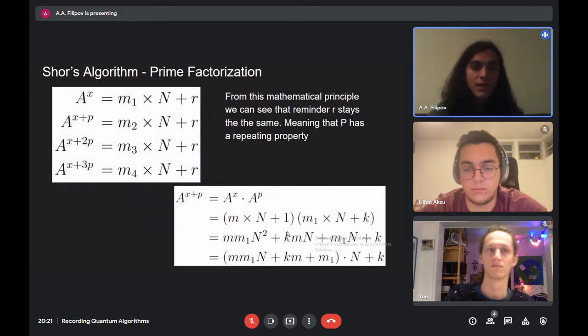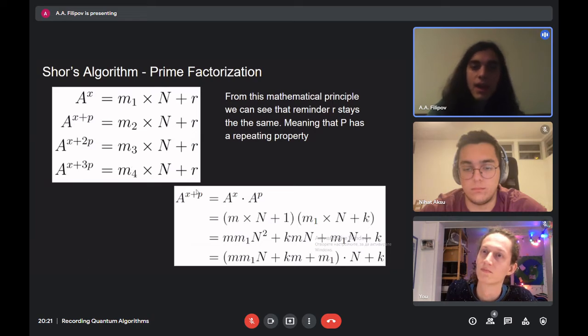From this, thanks to a mathematical principle, we know that a to the power of some arbitrary x, modulo some multiple of n, has some remainder. But if we take x plus the p that we are searching for, it has the same remainder, no matter how many tries we do.